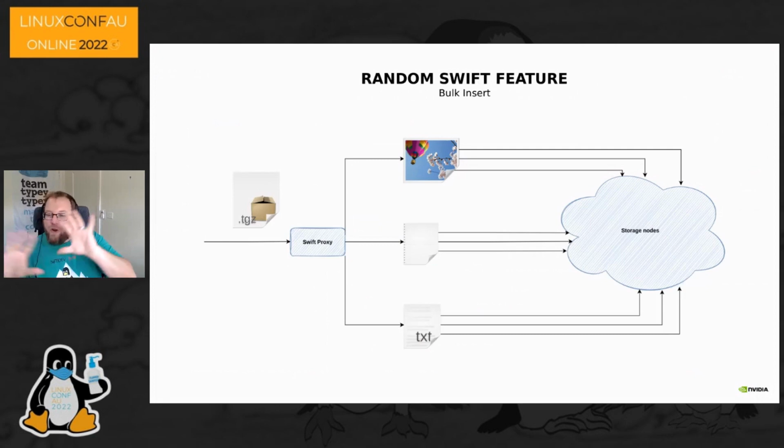Let's look at some more interesting features of Swift now. So the first one, let's do a bulk insert. Bulk insert is an interesting middleware feature, I guess I should say, what we know is implemented as a middleware. It allows you to upload something like a tar file, and it'll extract it and store all the contents as objects inside your cluster.